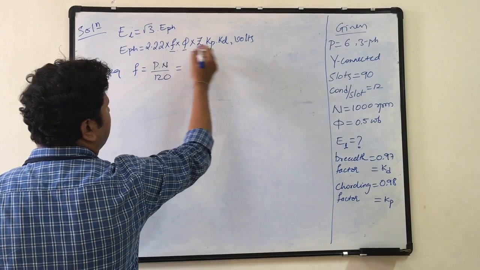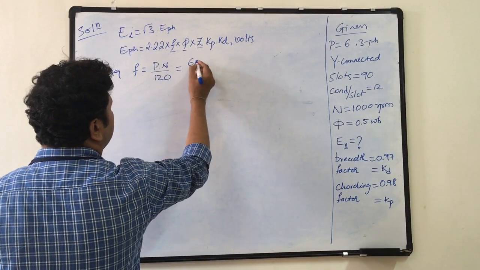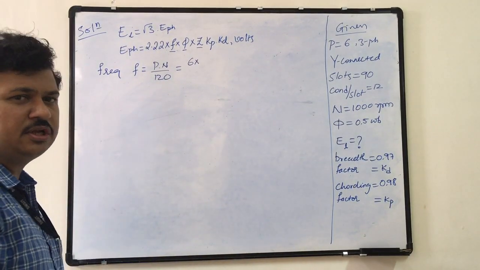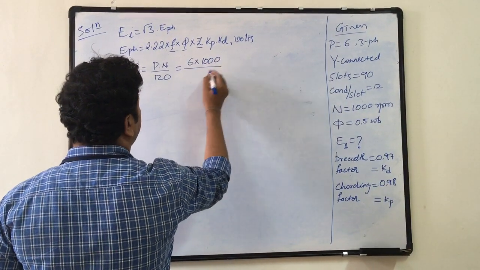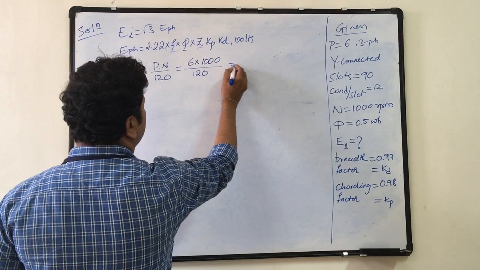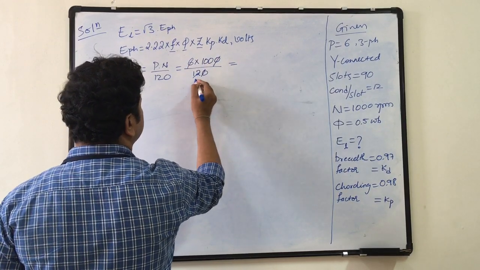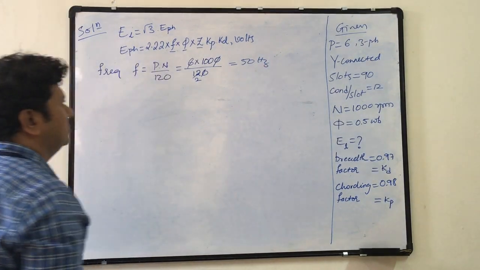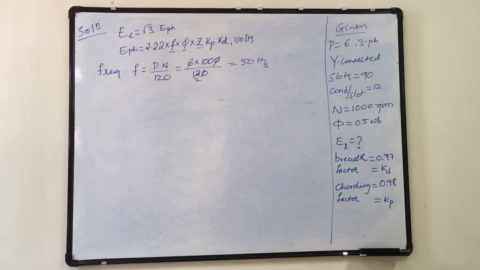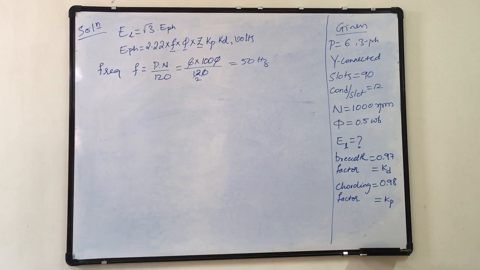So P is the number of poles, 6 here. N is the speed at which the rotor is rotating, 1000 rpm here. Divided by 120, it will give us 50 Hertz supply. So the frequency at which the voltage is generated is 50 Hertz.